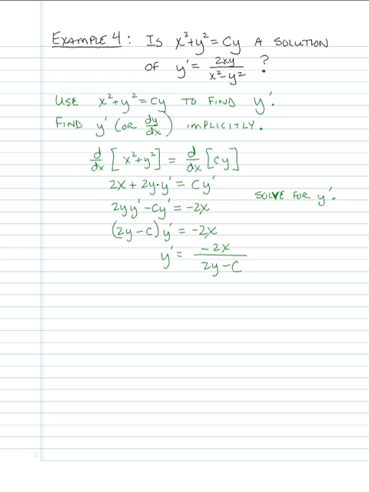And the first thing I notice, and that's what makes this challenging, is that in our original differential equation, the numerator is 2xy. So we actually have a couple of things happening there in the numerator. Here we have only negative 2x. So we need a factor of y, and we need to change that to a positive.